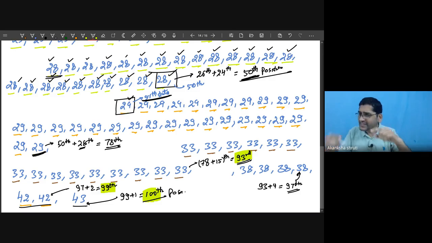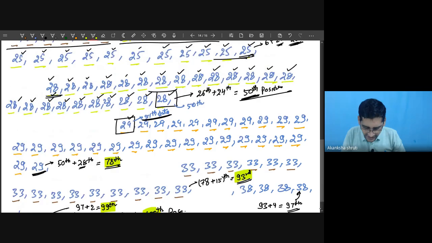So this added frequency, the frequency which includes the preceding frequencies, is called cumulative. Cumulative means get accumulated or get added. Okay, students? Now coming to the 78, this is the addition of the frequency for the data up to 29.